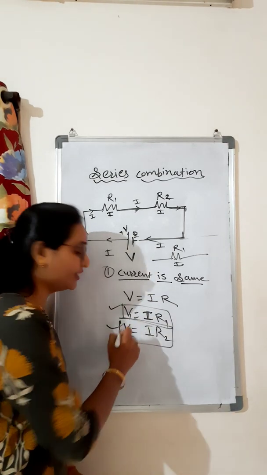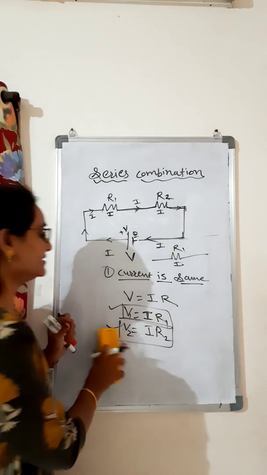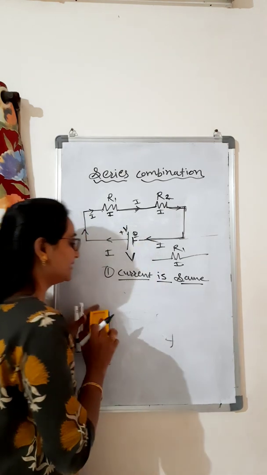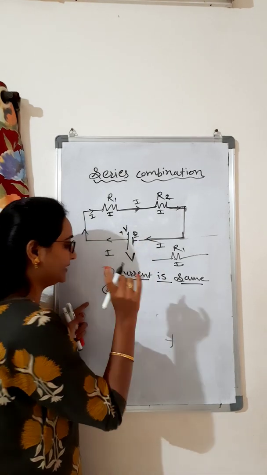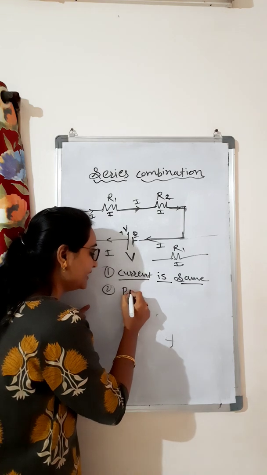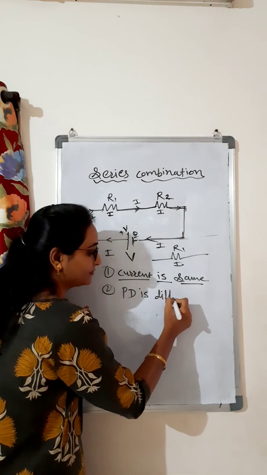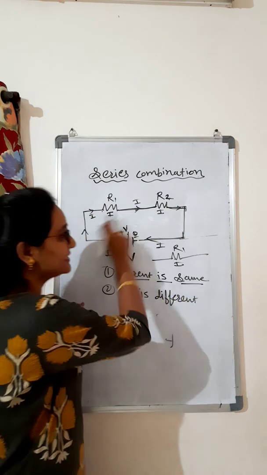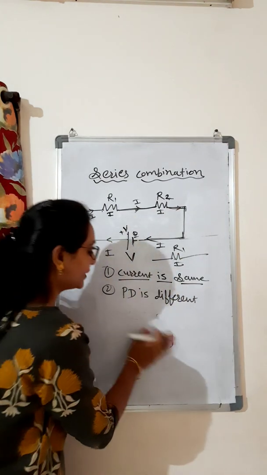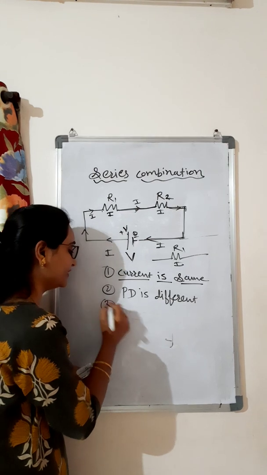So V1 and V2 are different, which means the second point you got is that potential difference is different.